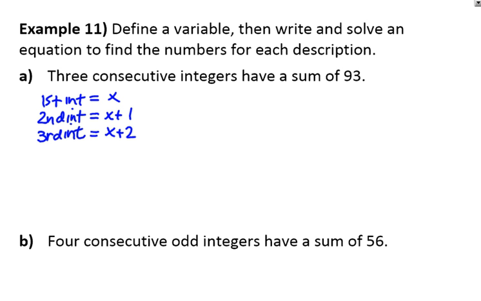They have a sum of 93, so our equation would be x plus x plus 1 plus x plus 2 equals 93.